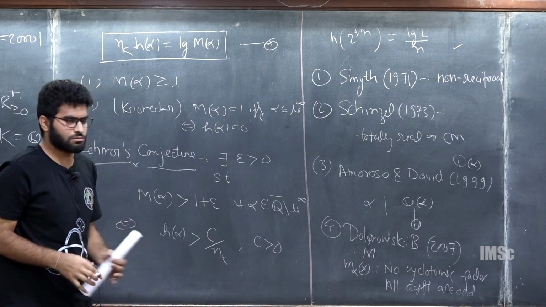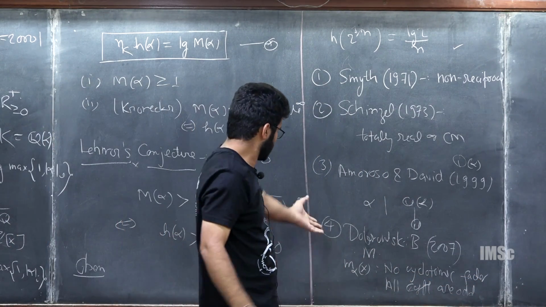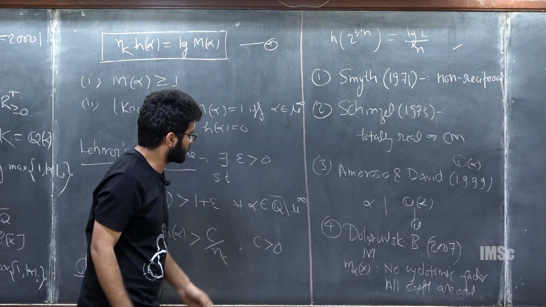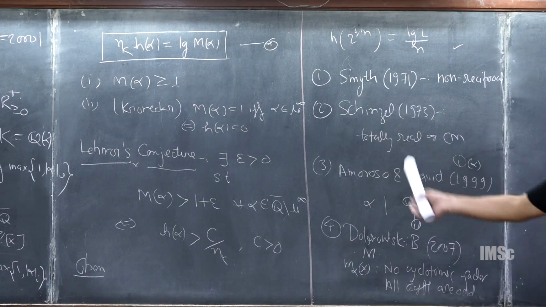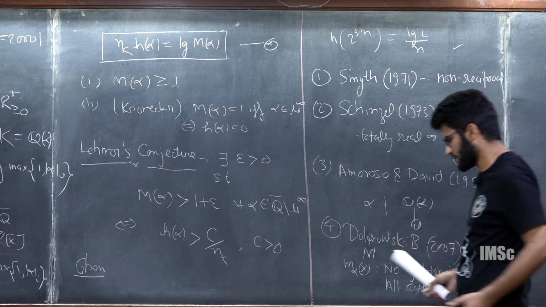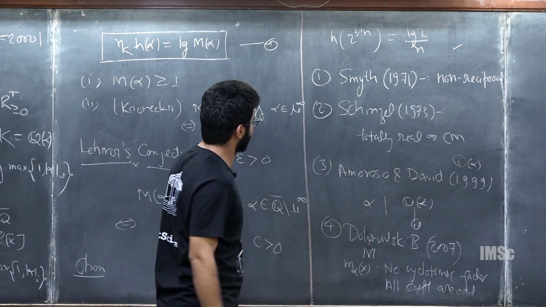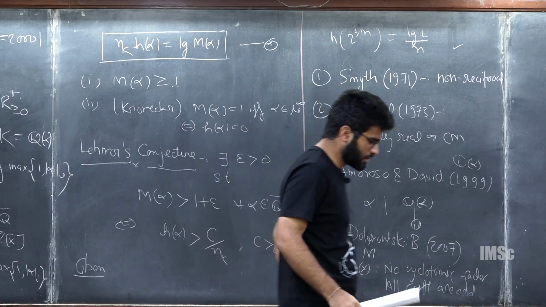They use some kind of auxiliary function to get this result, and this is in Annals of Math in 2007. So these are some of the major results in this direction, although there are many others, but due to time constraint, I will not go into that.